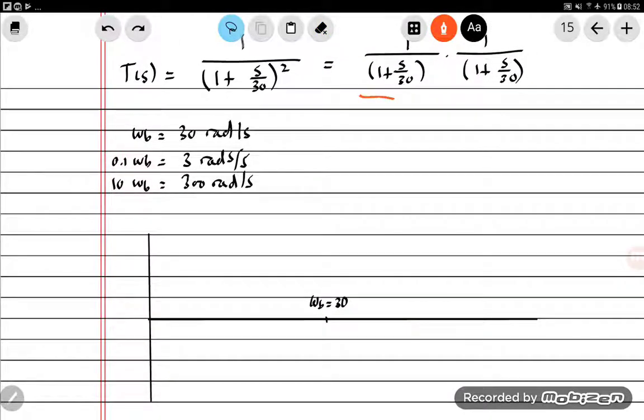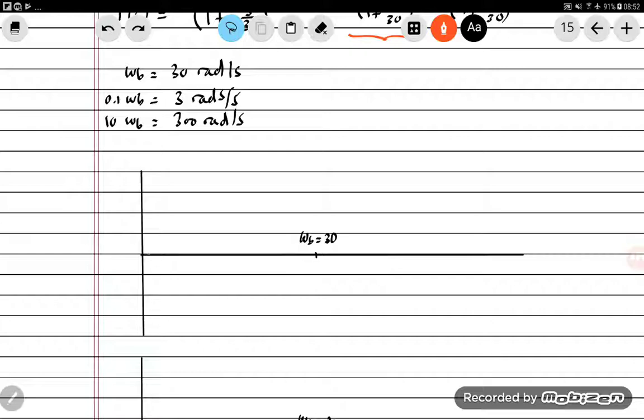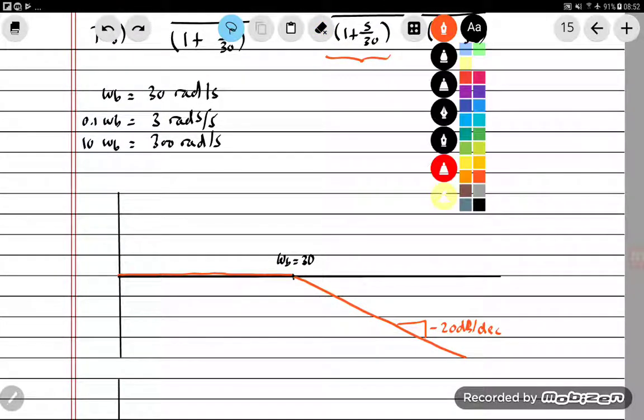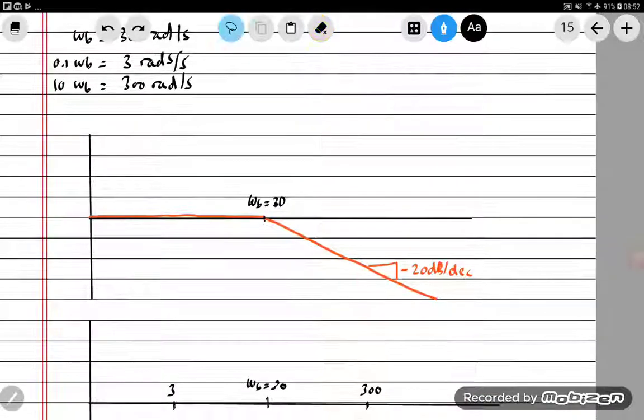Let's draw the first contribution. We know it's 0 up to the break frequency and then falls down by negative 20 dB per decade. The second one is exactly the same.